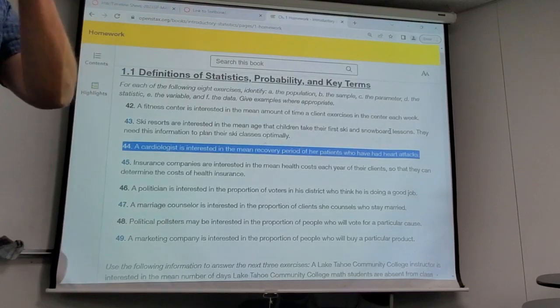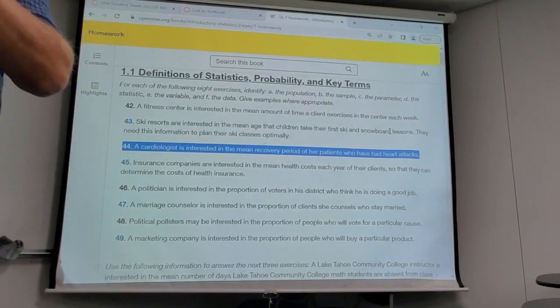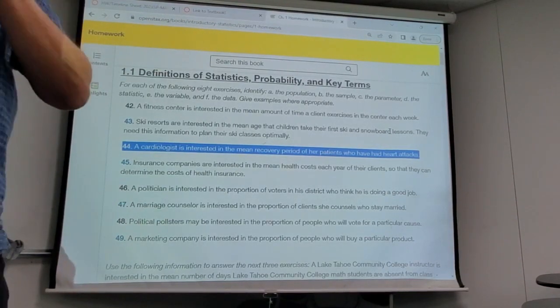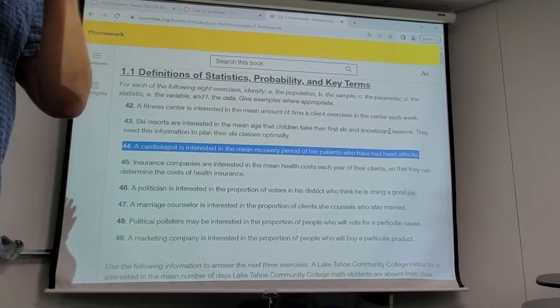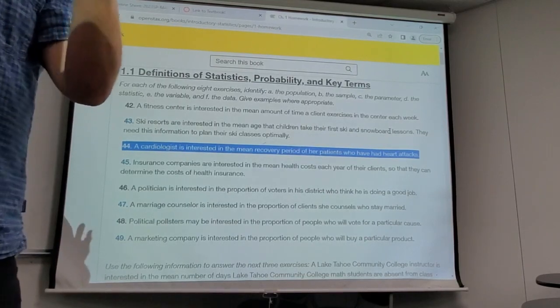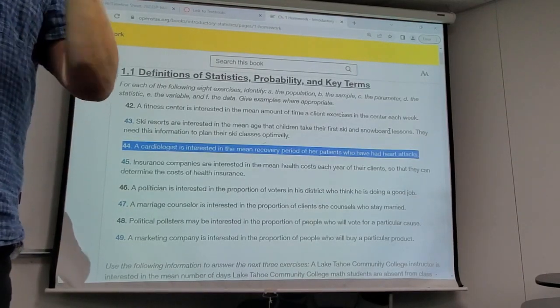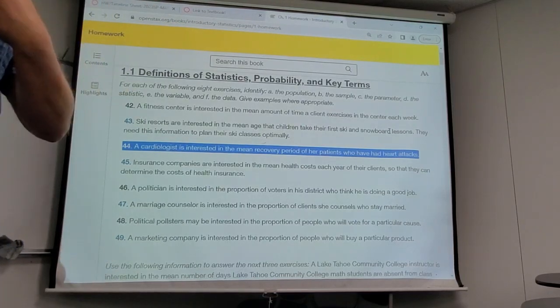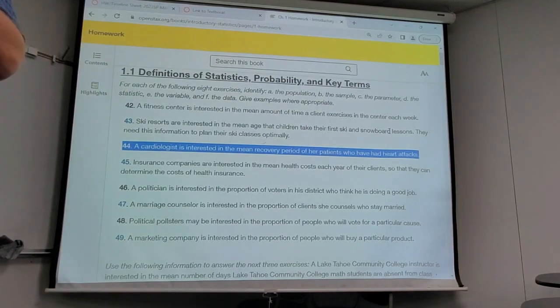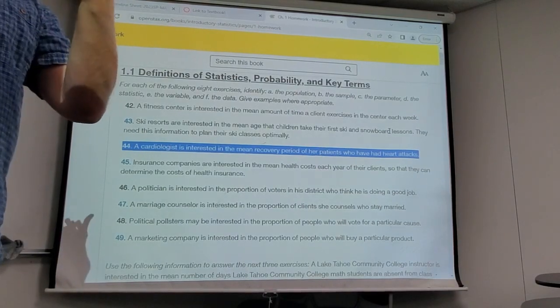If I said something like 38% of all statistics students take a lot of Tylenol, would that be a parameter or a statistic?